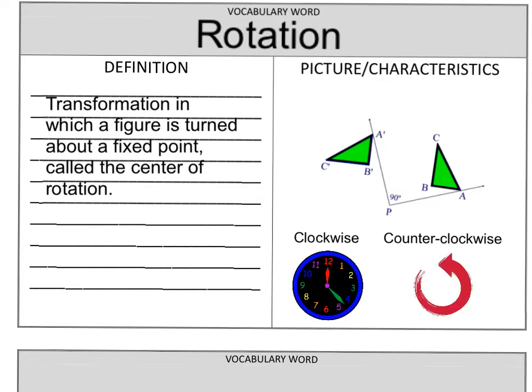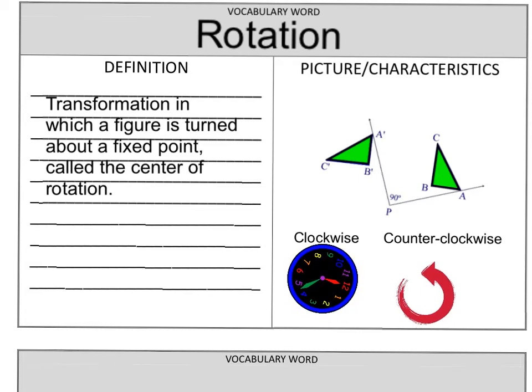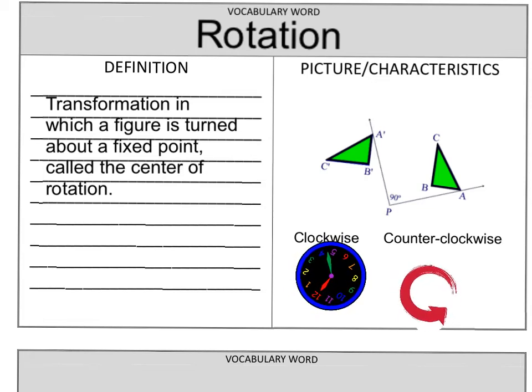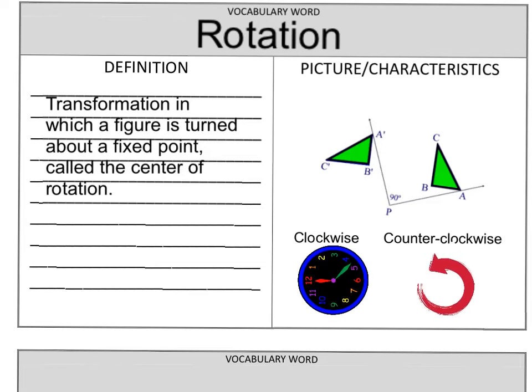The second hand is the one where you're going to see it the most. This is the direction that a clock turns, the hours, the minutes, and the seconds. For counterclockwise, counter just means against. So going in the opposite direction, that would be counterclockwise.